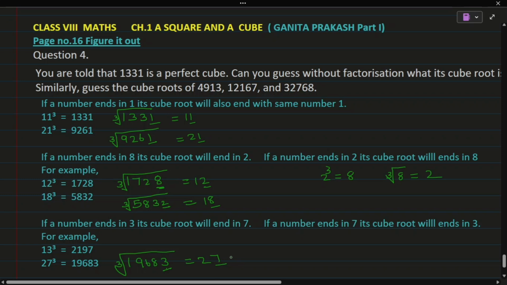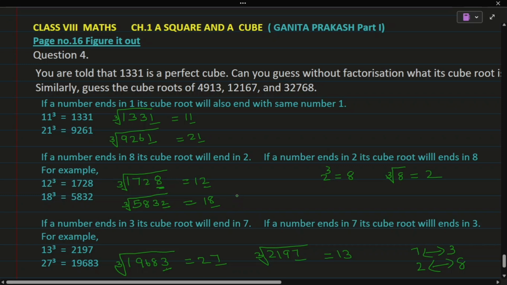This is also an inverse process. If a number ends with 7, that is 2197, this number is ending in 7, so its cube root will end in 3, that is 13. So these things you have to remember to solve the above question.